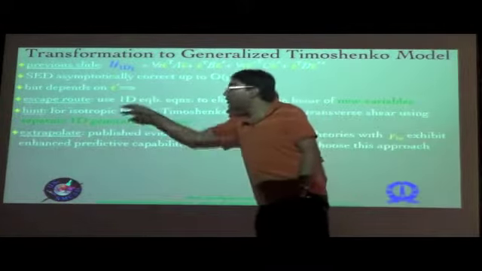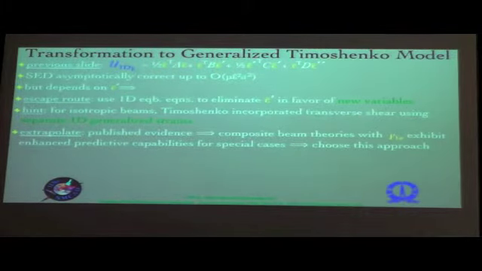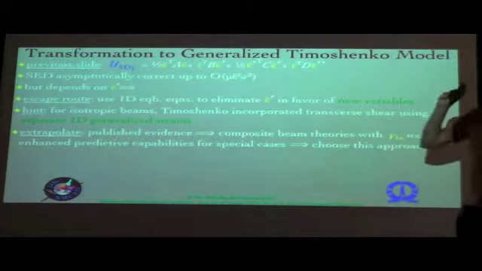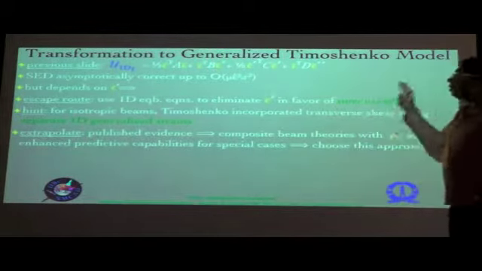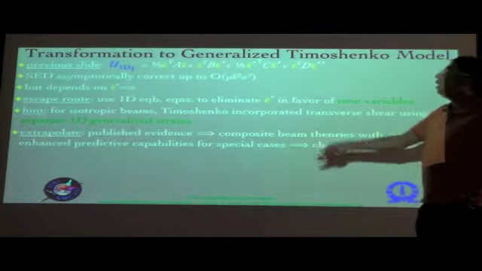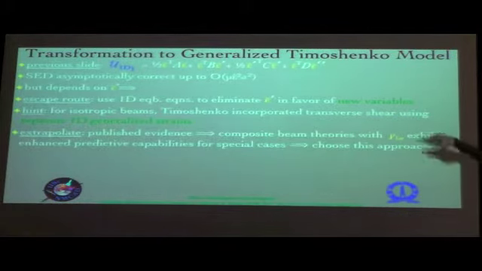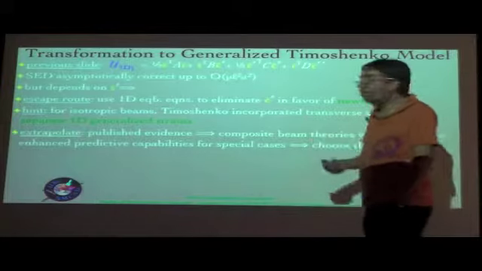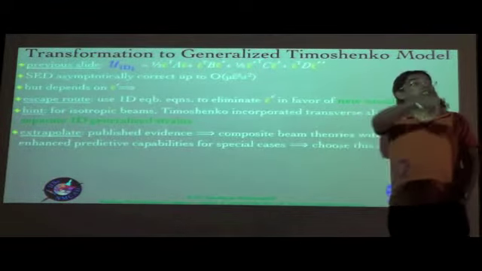What he did was for isotropic beams, but for composite beams, we can do a similar kind of thing. One of the reasons is, of course, the difficulty in handling the boundary conditions. Not impossible, but difficult. The other is the need to compare with existing literature. And the third is that the composite beam theories with gamma 1 alpha have been shown by other people in the literature to enhance the predictive capabilities compared to the zeroth order solution.